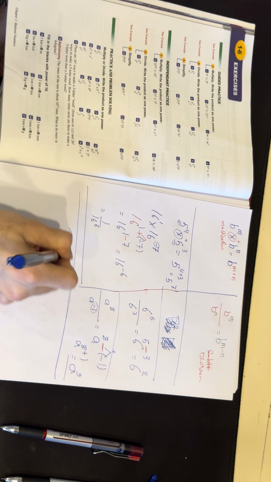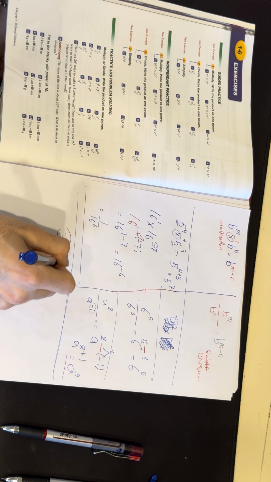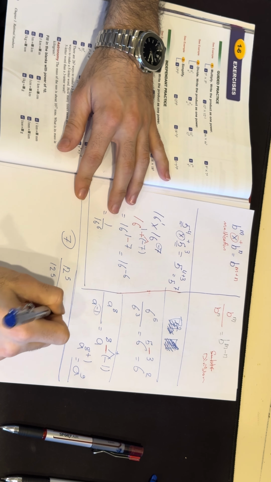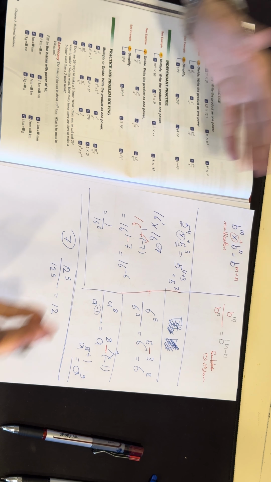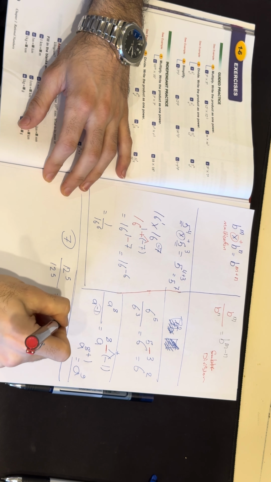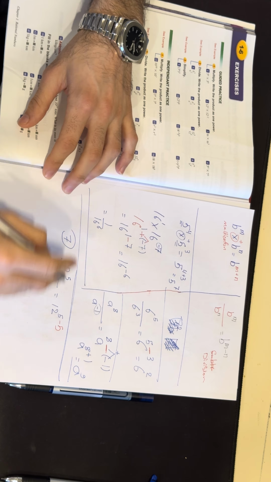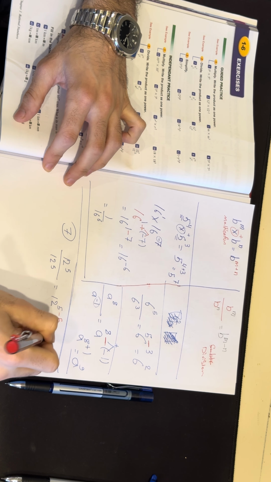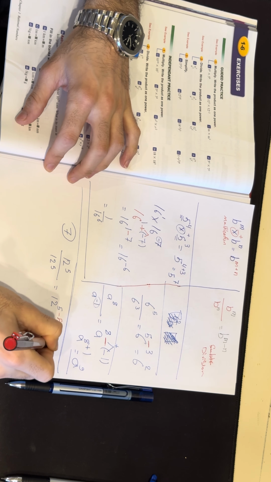Question number 7. We have 12 power 5 over 12 power 5. In this case, I'm going to keep the 12, then I'm going to subtract the power. So it will be 5 minus 5, because the second one is also 5. So 5 minus 5 will be power 0.